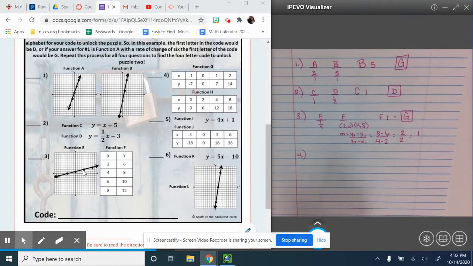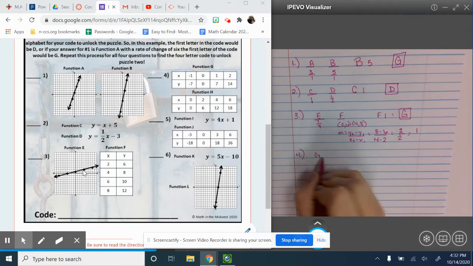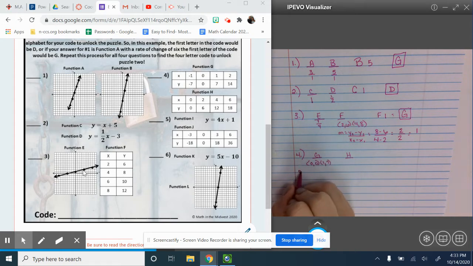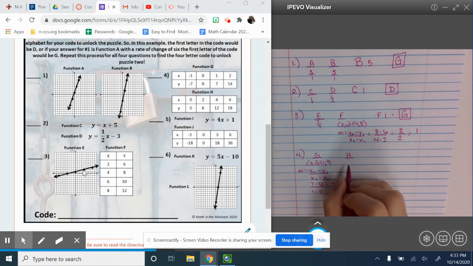Let's look at my 2 functions for number 4. We have G and we have H. These are 2 tables, so we're going to have to choose points to find the slope. I'm going to use (0, 0) and (1, 7). y2 minus y1 over x2 minus x1. So 7 minus 0 over 1 minus 0 gives me 7 over 1, or simply 7.